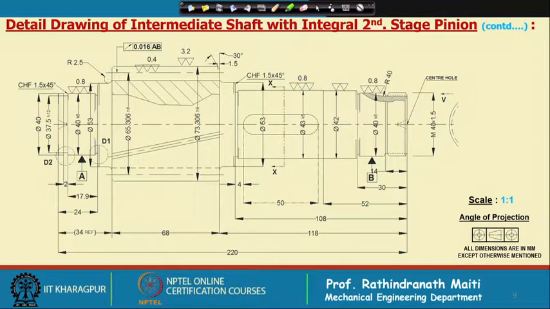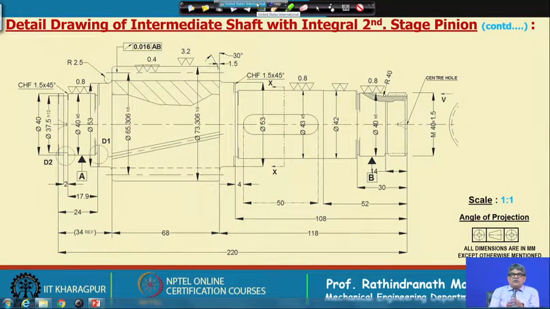Now, first of all, let us consider we have to make only a single piece. Okay. This is just a job order type single piece. In that case, what would be the length of this shaft?